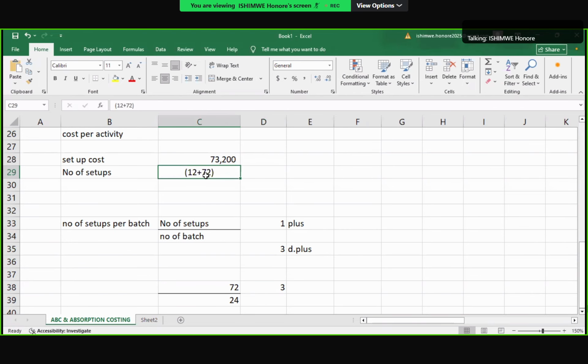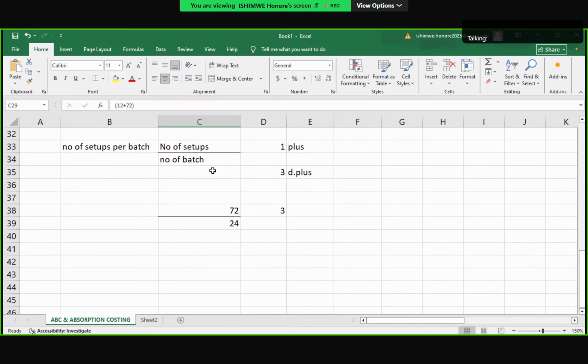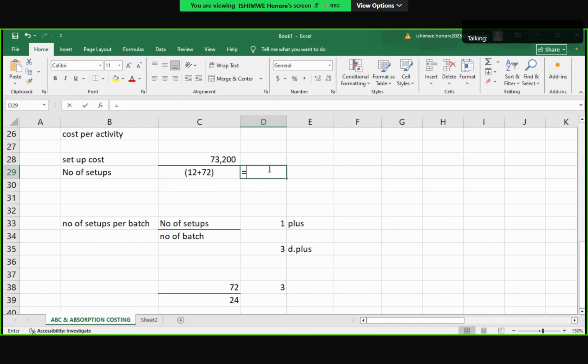So if we take 12 plus 72, it becomes 84, the total number of setups.